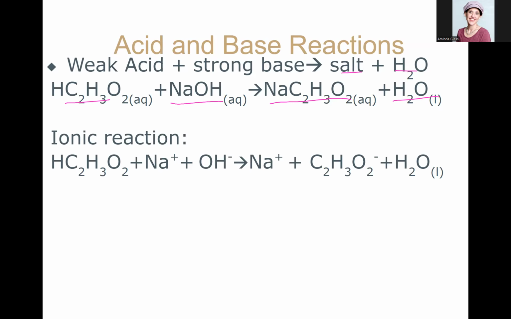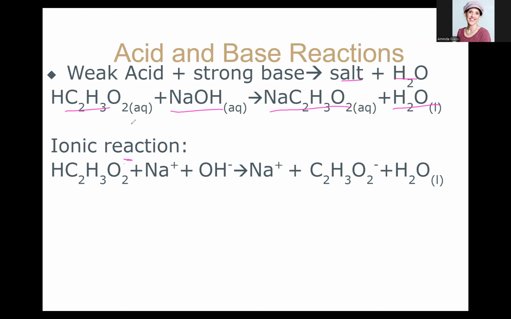So if I were to draw this to show the dissociation, I have my acetic acid, which doesn't dissociate completely, so it's still going to have some acetic acid in solution, plus sodium ion, which dissociates completely, and your hydroxide ion, because your sodium hydroxide dissociates completely.